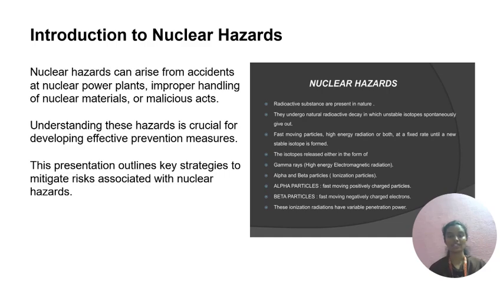The radiation is released either in the form of gamma rays, electromagnetic radiation, or alpha and beta particles, which are also known as ionizing particles. Alpha particles are fast moving positively charged particles, whereas beta particles are fast moving negatively charged particles. These ionizing radiations have variable penetration power.